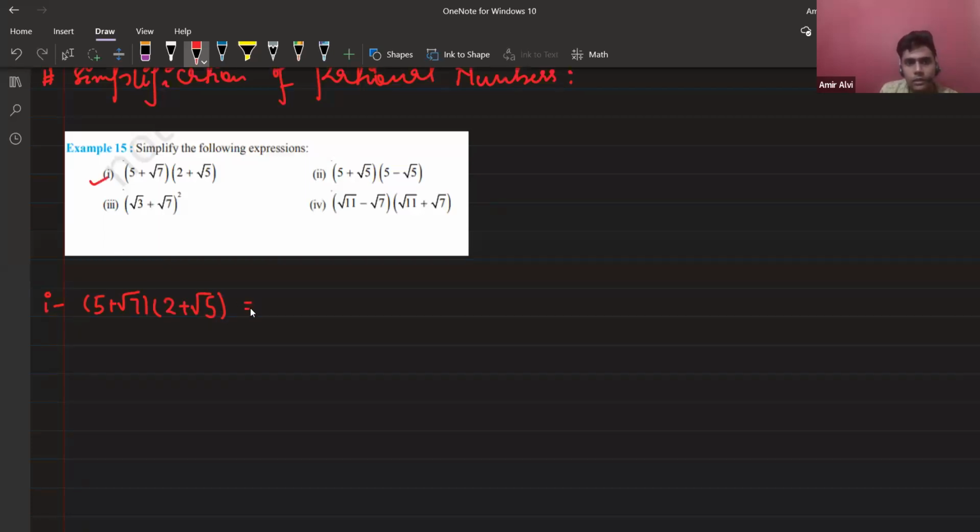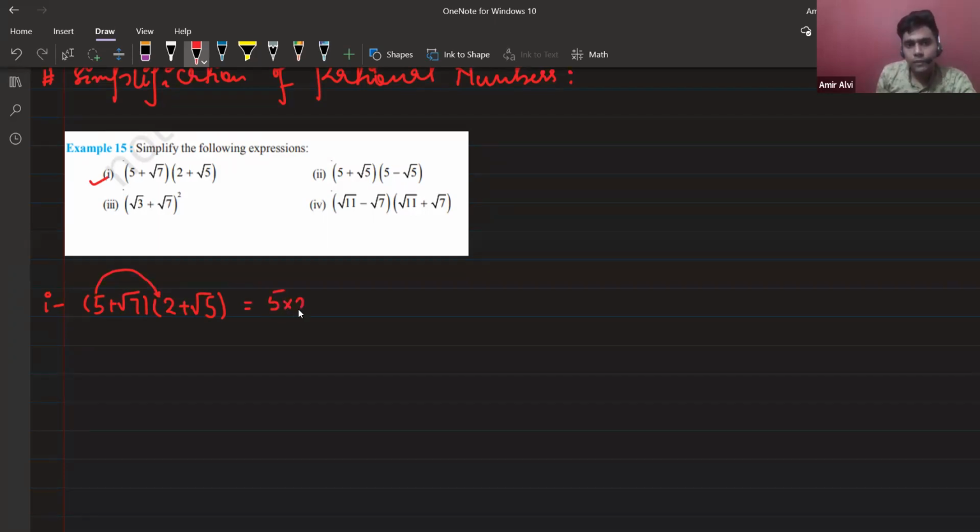Now, Simrat, tell me how to multiply them. What should we do as the first step? Take 5 plus root 5 together? No. We have to multiply normally. First, we will multiply this 5 with 2.